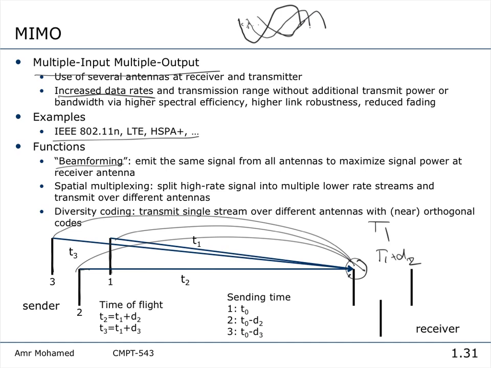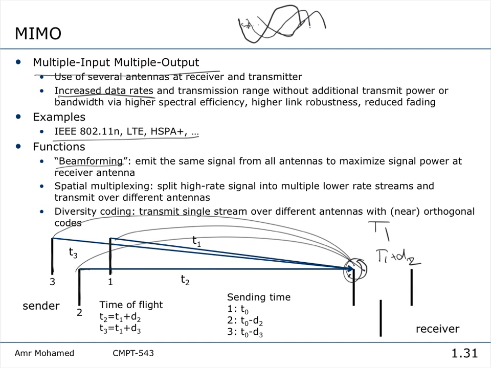Because the antennas at the sender have some separation between them. Right? So the distance between each antenna at the transmitter and this particular antenna at the receiver is slightly different, okay? So the idea here is that I can estimate that difference in time, and then I can introduce that difference in the transmitted signal.